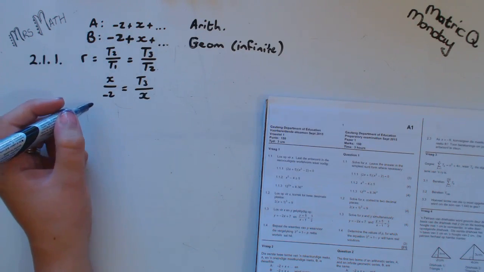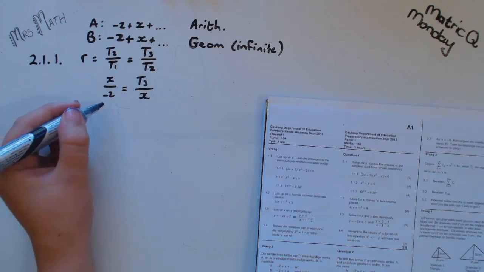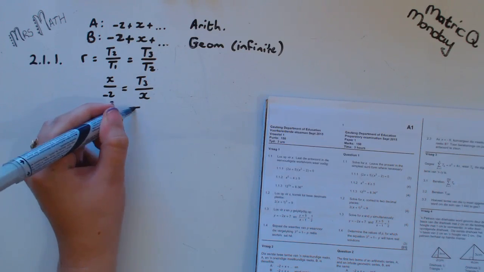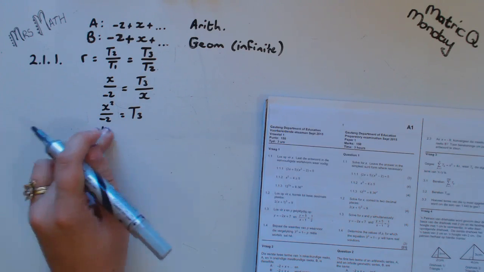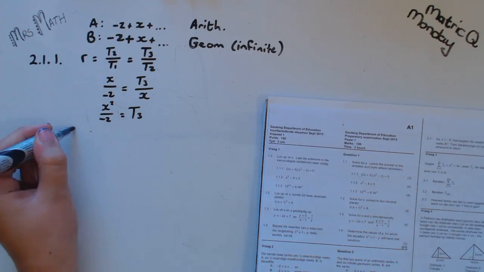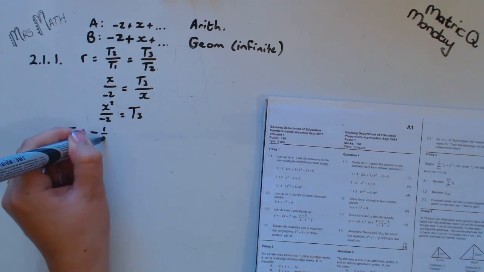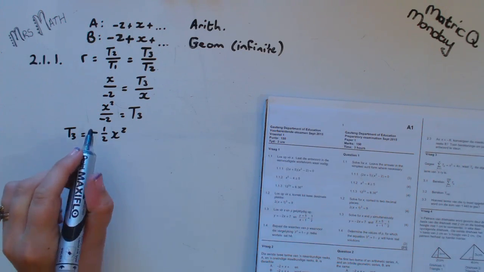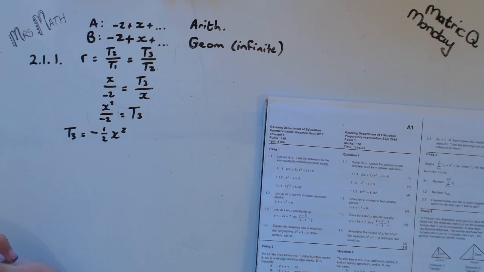Then multiply with x on both sides to get rid of this. Then I've got x squared over minus 2 is t3, or I can write this the other way around: t3 equals minus a half x squared. It's the same thing, just two different formats. This just looks better to me, but I'm sure that's fine also.